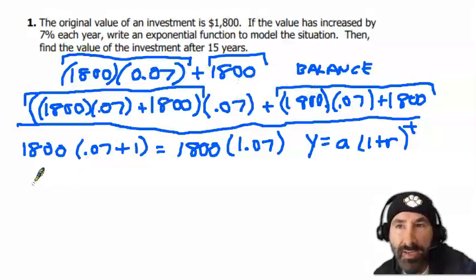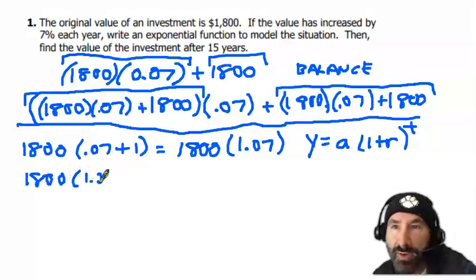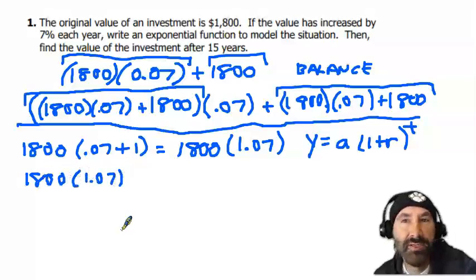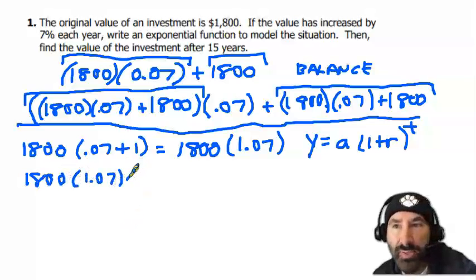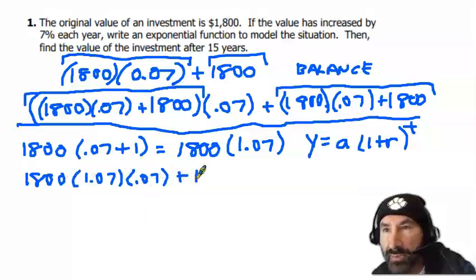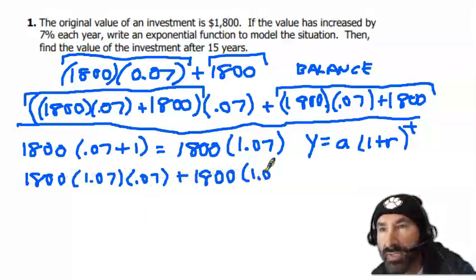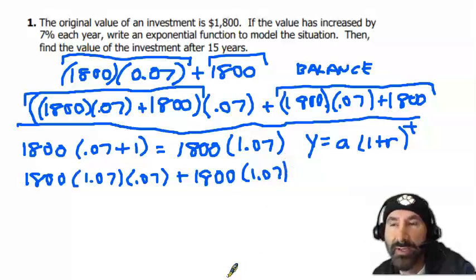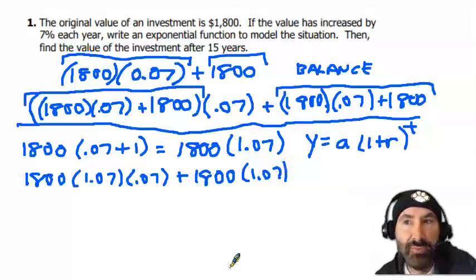So what I would end up doing is something like 1800 times 1.07, and that would be my end of first year balance, and I would multiply that times 0.07, all of that, and then I would add that to 1800 times 1.07. And that would be my end of second year balance.